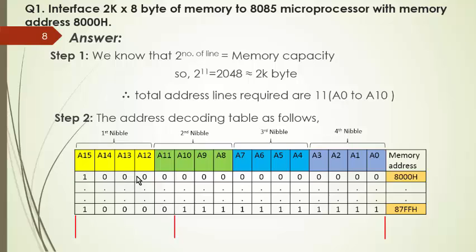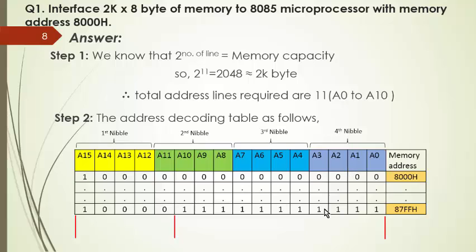After the separation you have to find the final address. Keeping the A11 to A15 bit pattern as it is, you have to write 1 everywhere in A0 to A10. In this way you get the final address.